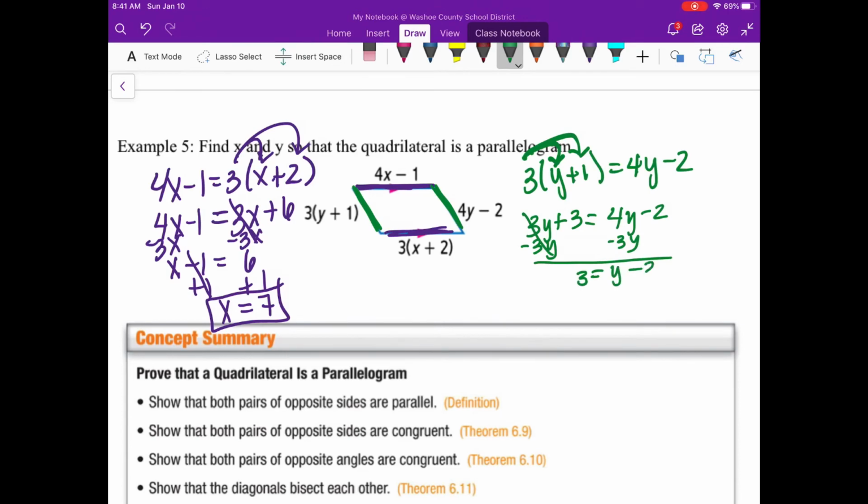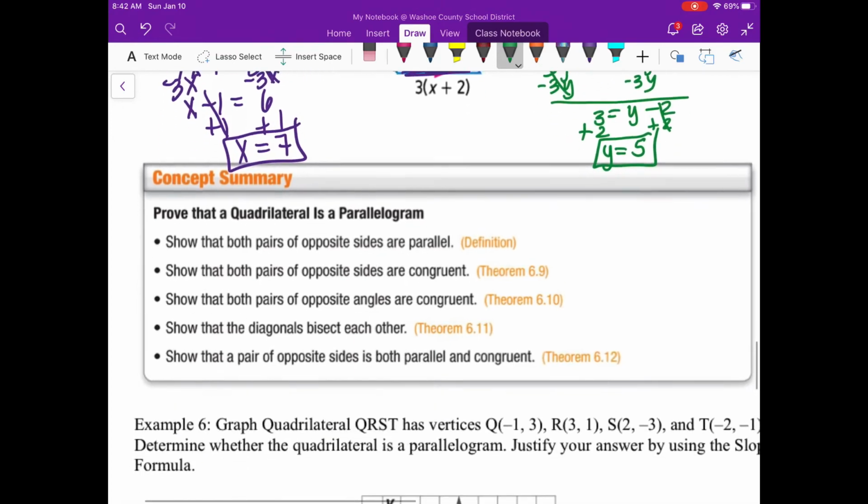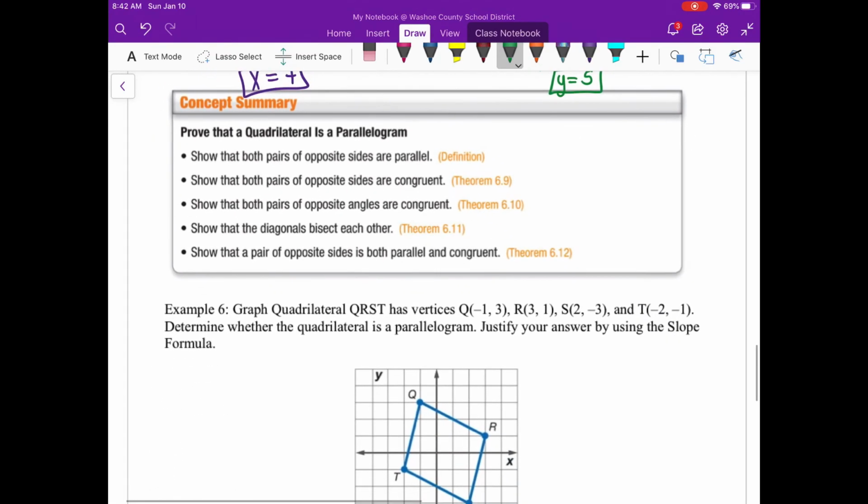So I'm going to move the 3y over this way. That leaves me with 3 equals 1y minus 2. And then I add the 2 over to the other side. So y comes out to be 5. So these are the values that would make these two sides equal to each other, meaning that we would create a parallelogram. Okay?